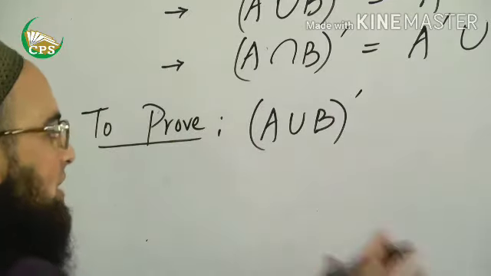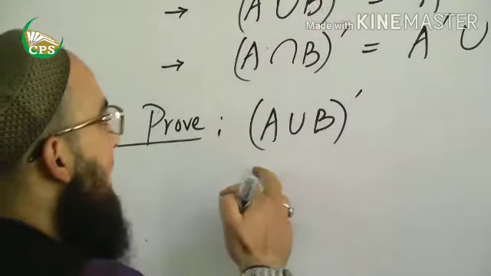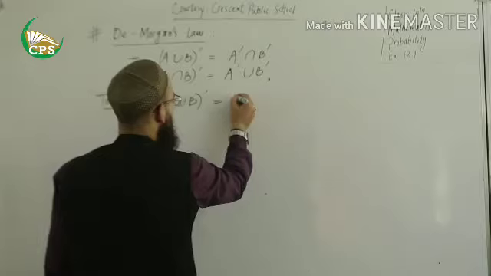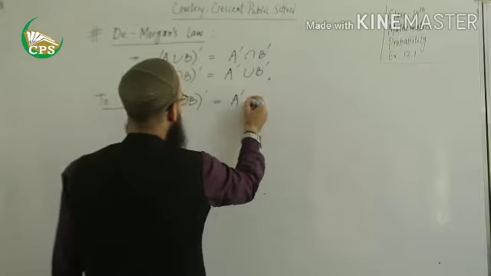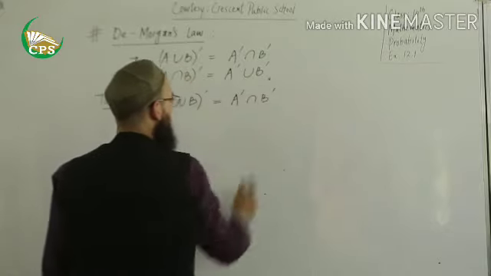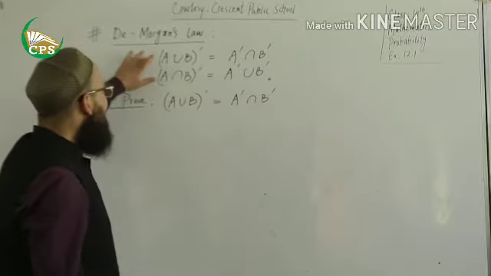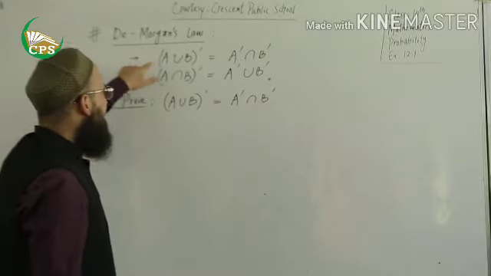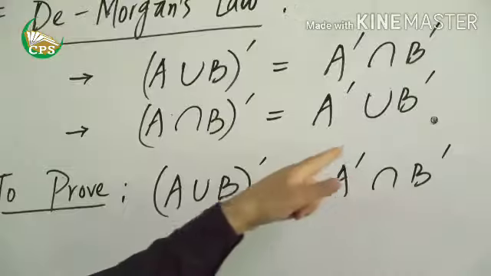But let me show you the general way of proving this De Morgan's law. A union B whole complement is equal to A complement intersection B complement. Now this and this is same. When we prove this, similarly we can prove this thing.